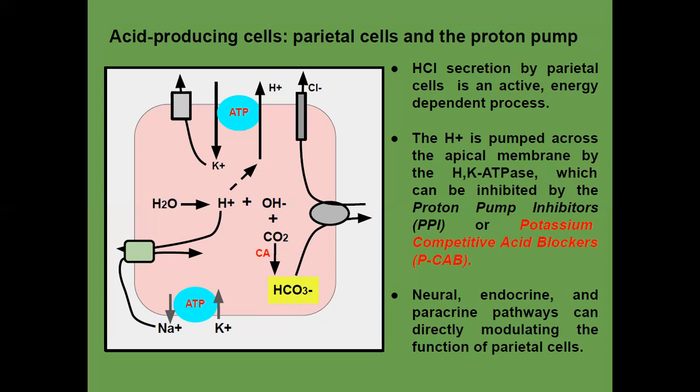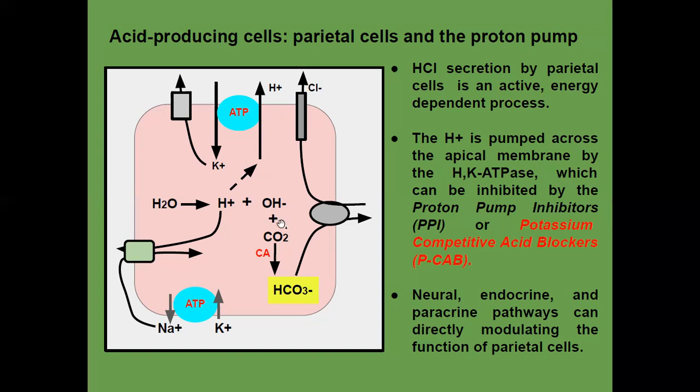Then people will continue to ask me, how is this bicarbonate formed? Every time you extrude one hydrogen ion, you will generate one hydroxide ion. Once the hydroxide ion forms, it will increase the pH value of the cell.